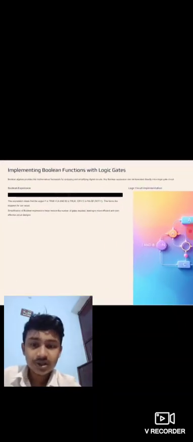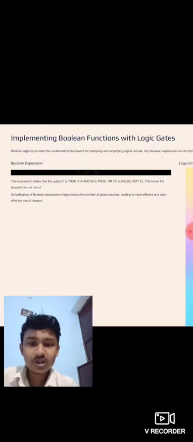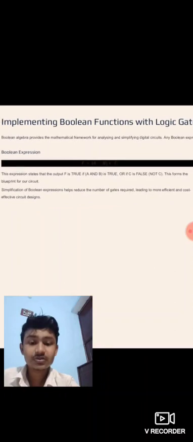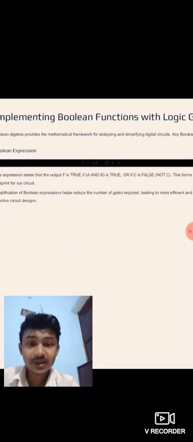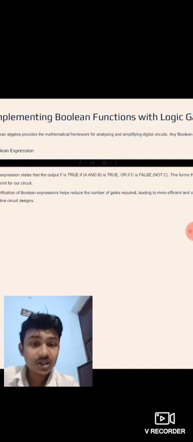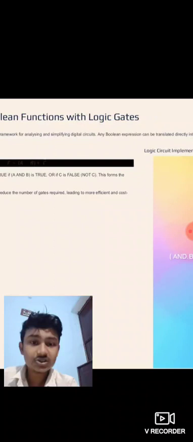Now, implementing Boolean functions with logic gates. Boolean algebra provides the mathematical framework for analyzing and simplifying digital circuits.